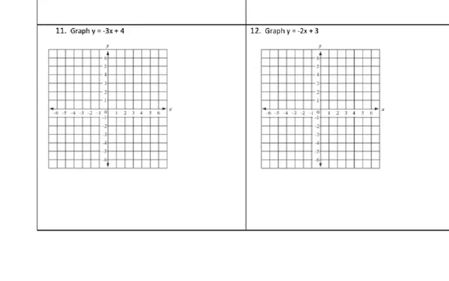Number 11. So in number 11, it says we need to graph. This is in slope intercept form. Whoopee, makes it so much easier. So slope intercept form means that it's y equals a number we call m, the letter x, plus b.